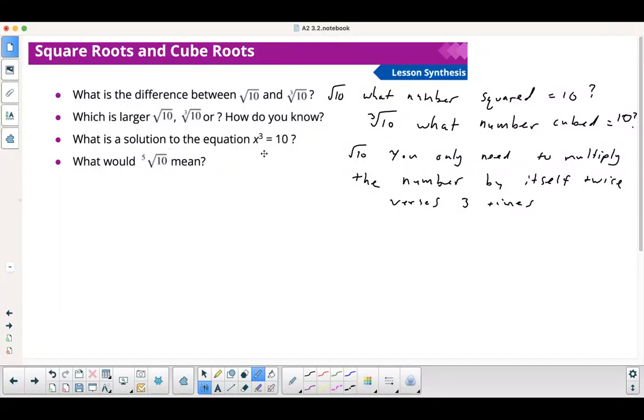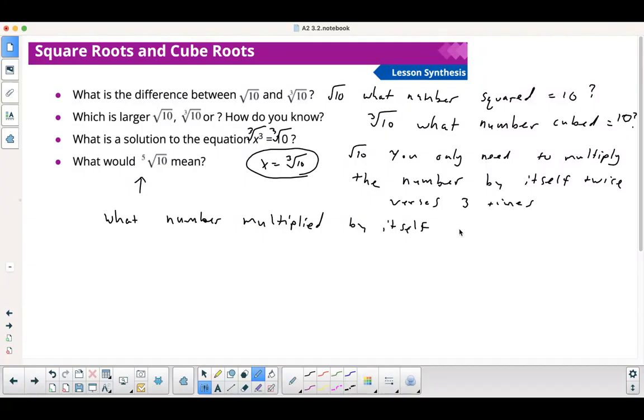All right, what is a solution to the equation x cubed equals 10? So we're going to cube root both sides. We get x equals the cube root of 10. And I'm just going to leave it. I don't have to get a decimal. I could. All right, what does the fifth root of 10 mean? So this would mean what number multiplied by itself 5 times equals 10.